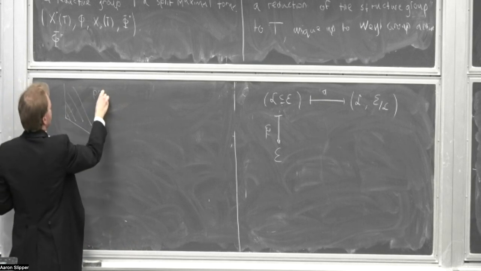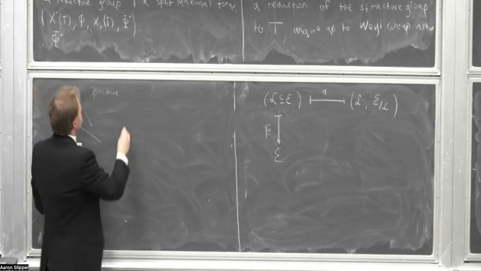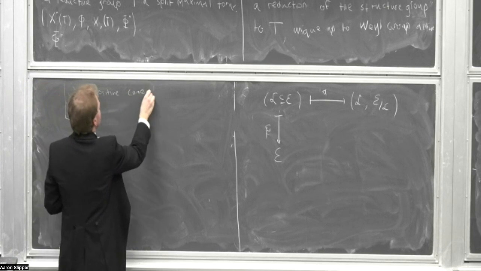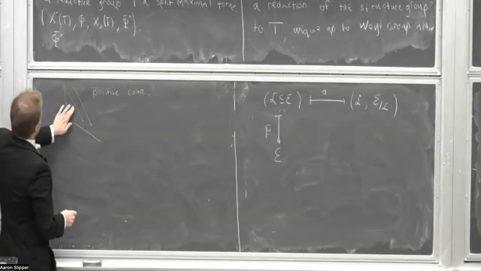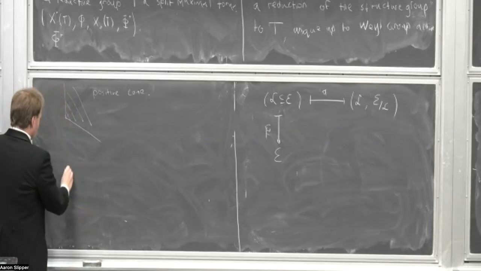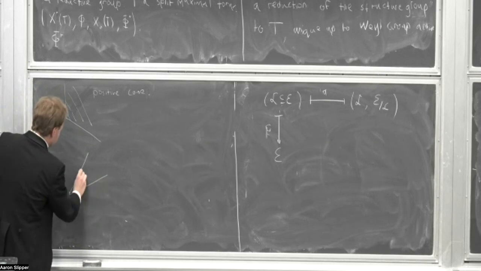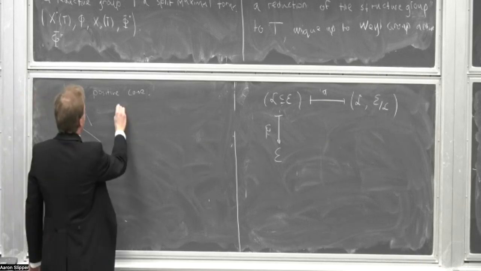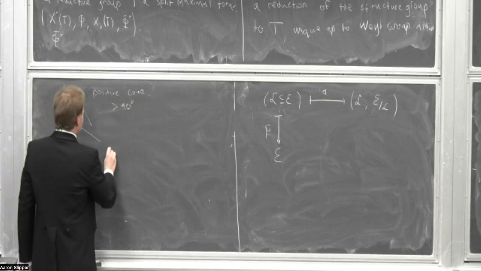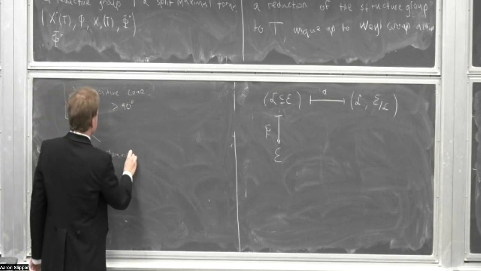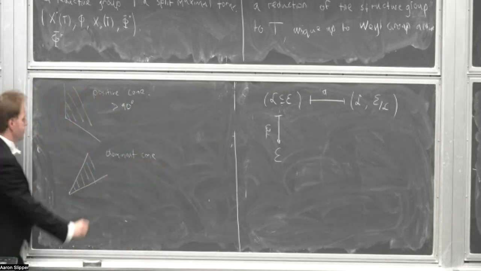There are positive roots and positive co-roots, positive weights, positive co-weights, but this is the positive cone in whatever lattice you're in. The positive cone always has angle greater than 90 degrees, and your dominant cone has angle less than 90 degrees.